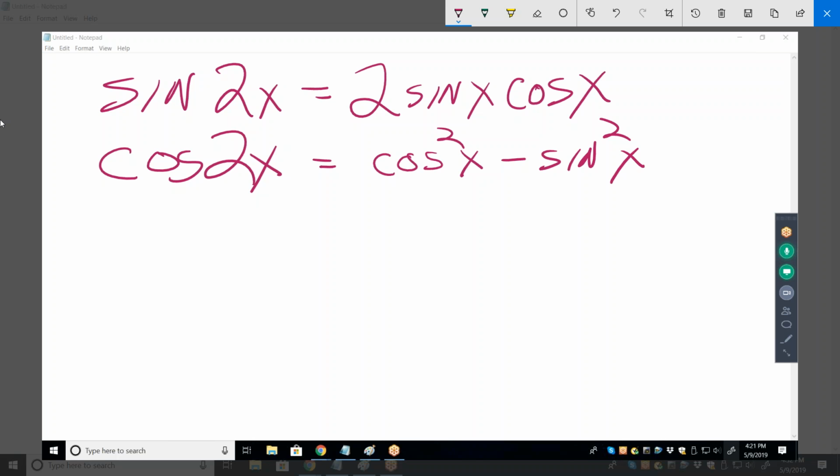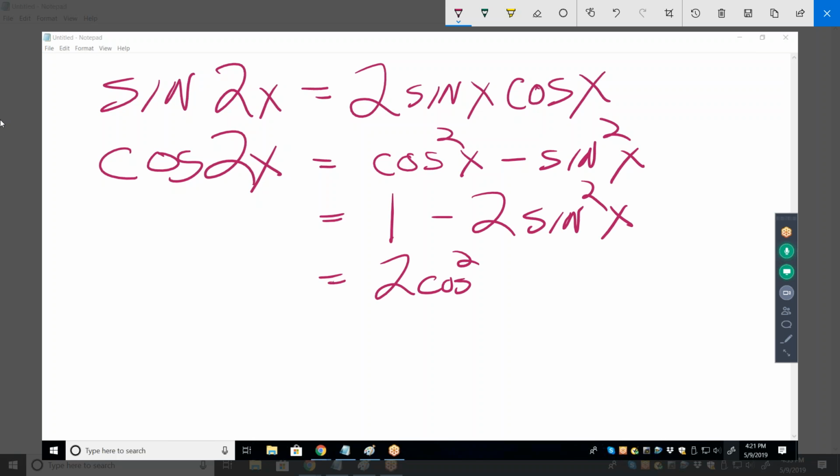Okay. There's another one, and these are hard to remember, but there's a pattern to them. And this one is, the pattern is this.